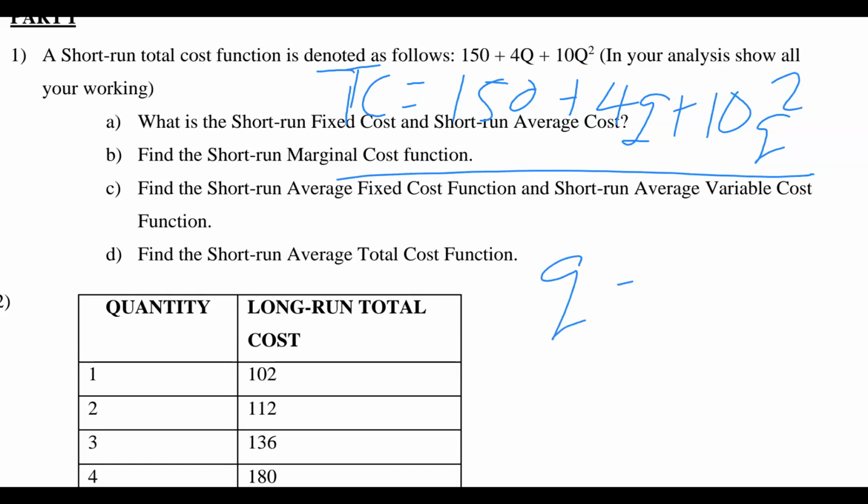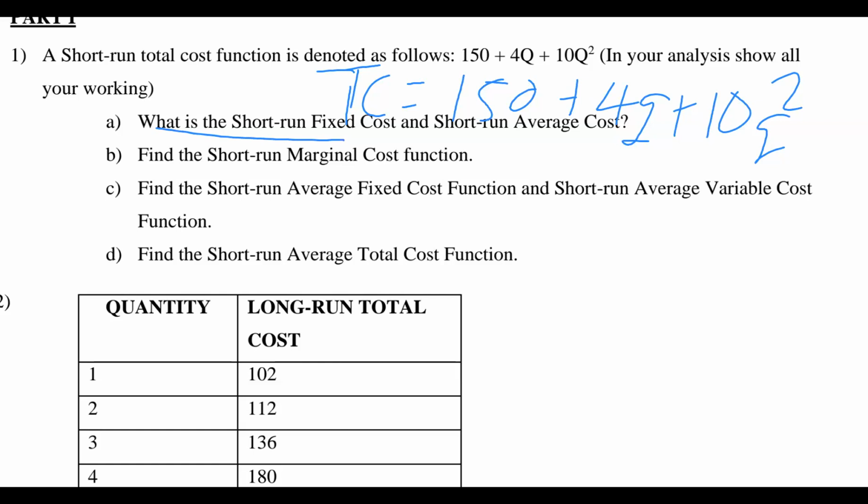So in this question, our fixed cost shall be 150. When you look at 150 in the function, it doesn't change with the level of output. Whether Q remains the same or Q changes, it still remains the same.